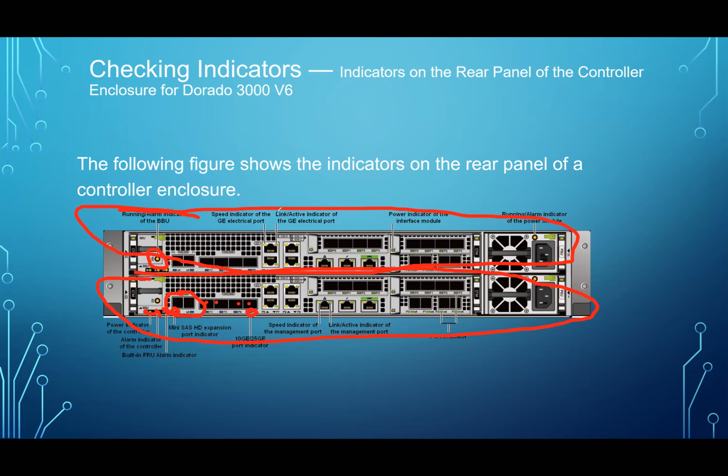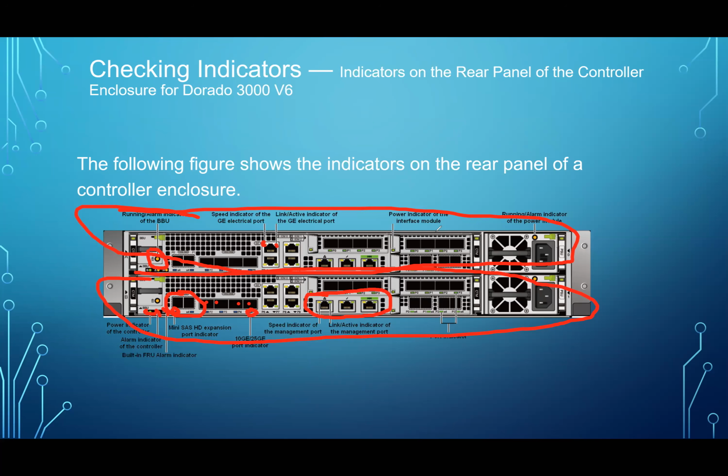Then we can see the speed indicator for the GE electrical port, and also the link and active indicator for the GE electrical port. Here we have the 3 most used ports. The first port is the management port, then the maintenance port and the serial connection port, again with the same indicators for the speed and the active link.